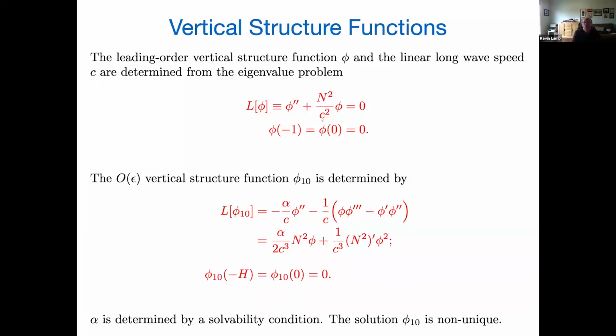We've picked c so that this equation has a solution: L of phi is 0 for a particular value of c. Here I've got an inhomogeneous version of this equation, so I can only find solutions satisfying these boundary conditions provided alpha satisfies a particular condition. That's a solvability condition. It determines the value of alpha.